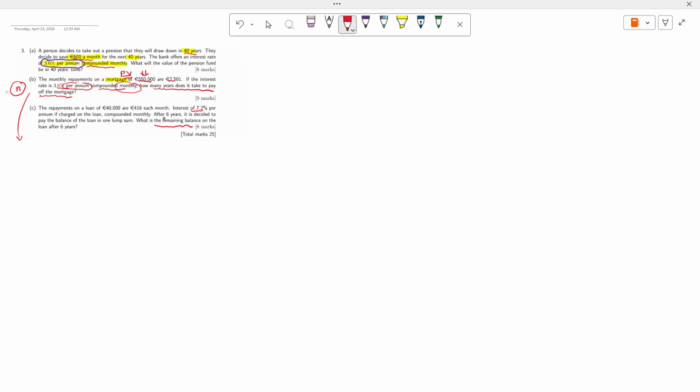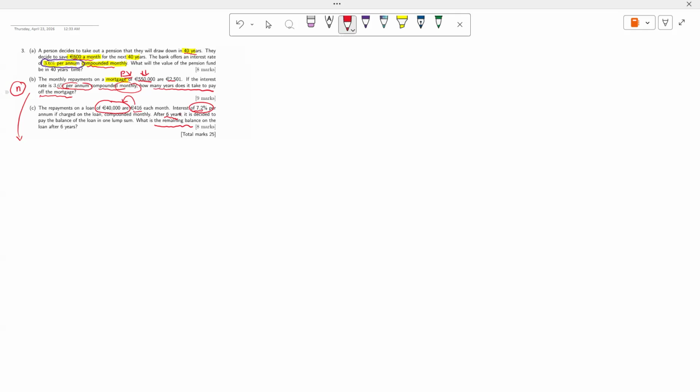You will first calculate in 6 years how much did you pay of this 40,000 euros of loan. If you keep paying 416 euros every month, how much would you pay of this total amount? Please be very careful. It seems like an algebra question, but this is not an algebra question. You're paying an interest of 7.2 percent, right?